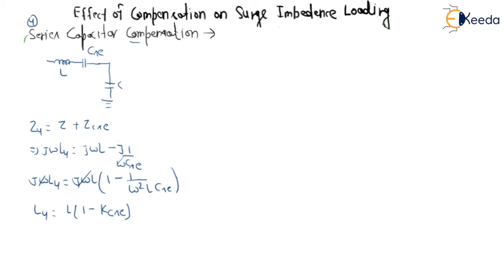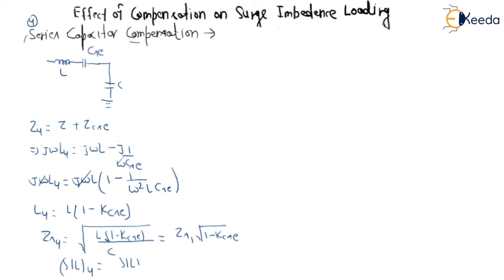So now putting this value, ZS4 is equal to under root L4 upon C, means L(1 minus KCSE) upon C. So we can write Z as ZS1 in bracket 1 minus KCSE. So this is ZS4, and SIL4, the opposite of that, will be SIL1 divided by under root 1 minus KCSE.